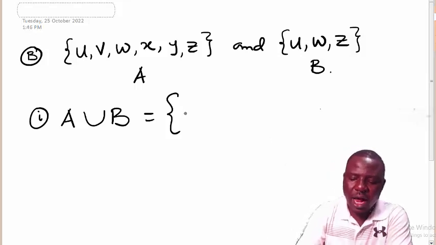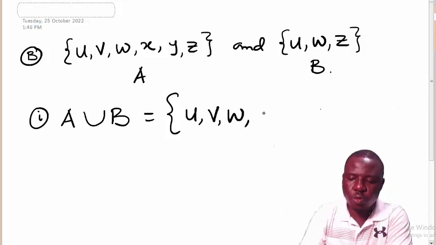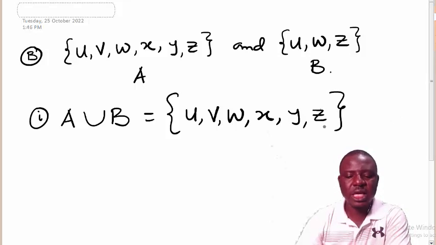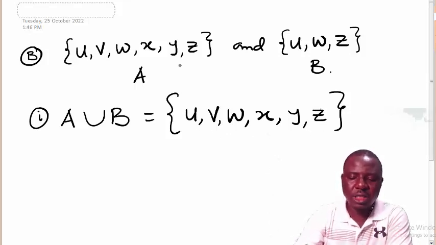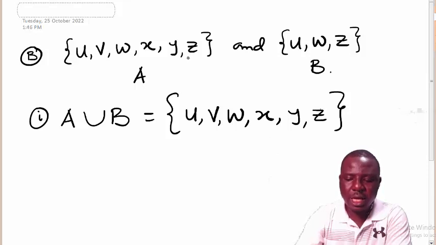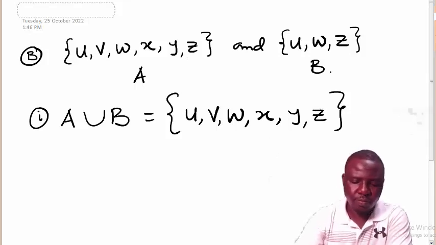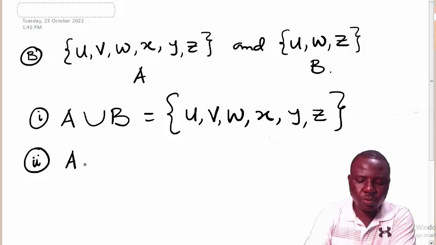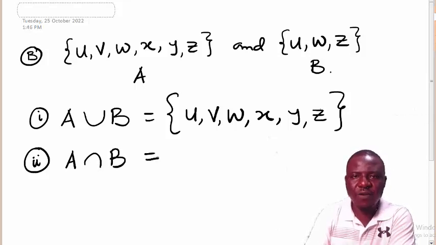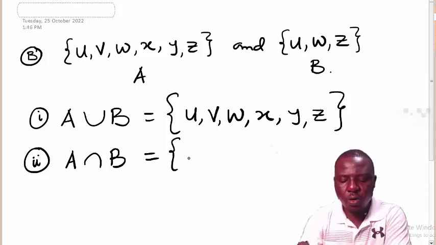And if you look at it, we have U, V, W, X, Y, and Z, which is also equal to set A, because the set of elements in the union of A and B are said to be in A or B. While the intersection of these two sets, just like I said in the previous example, is said to be those elements that can be found in A and B only.